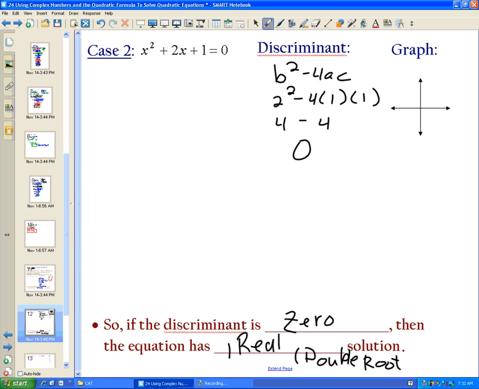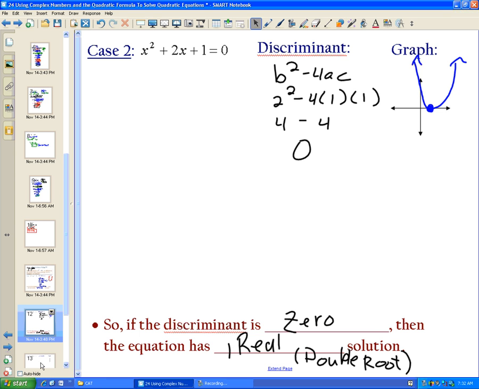The graph of that hits the x-axis, and the vertex itself is on the x-axis, so that is my double root. If my discriminant is 0, I know I am going to have one solution, a double root, and I know it's going to be real.